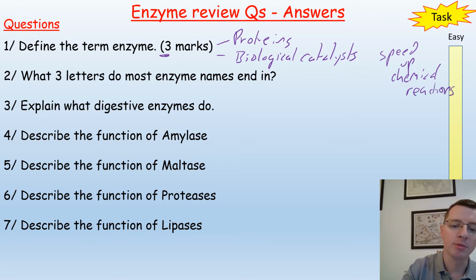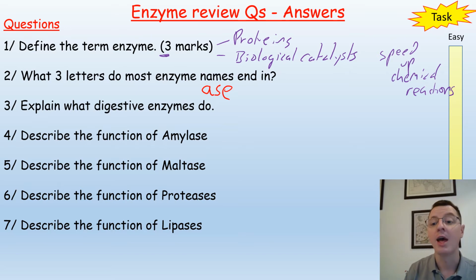What 3 letters do most enzymes end in? Most enzymes end in ASE. Lipase, amylase, maltase, catalase, protease. A couple of exceptions would be trypsin and pectin.